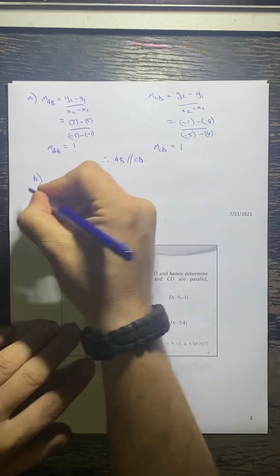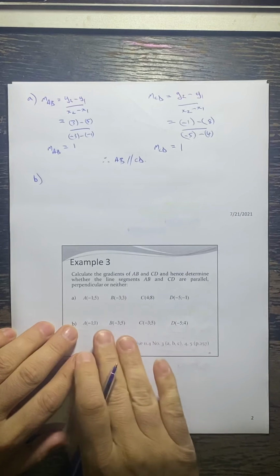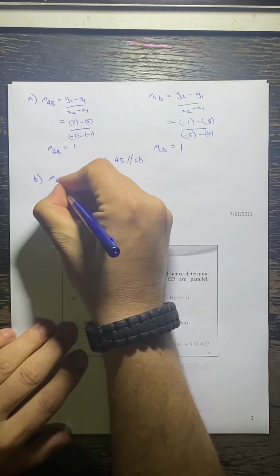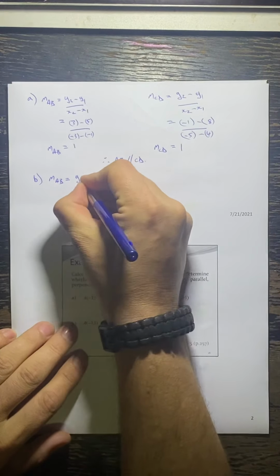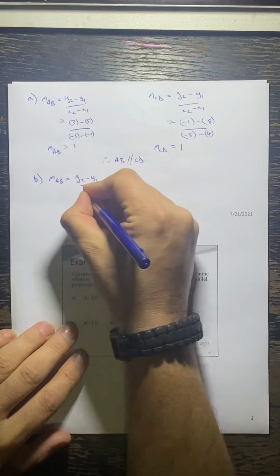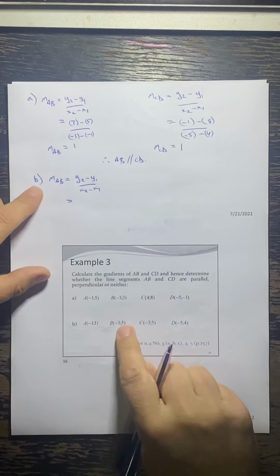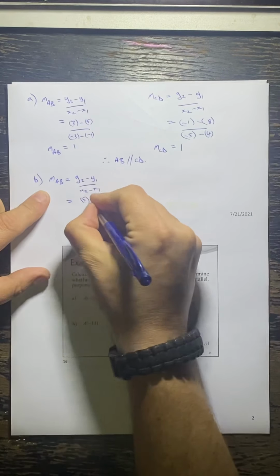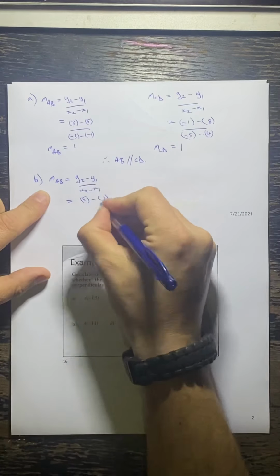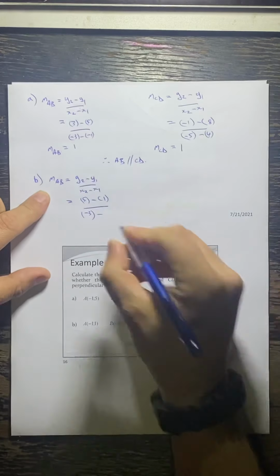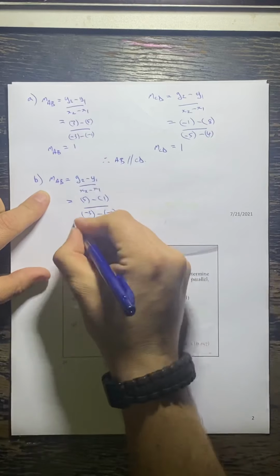Let's look at example B now. Again, working out the gradients of AB and then CD. So the gradient of AB will be equal to y2 minus y1 over x2 minus x1. So we've got here 5 minus 1 over minus 3 minus 1.